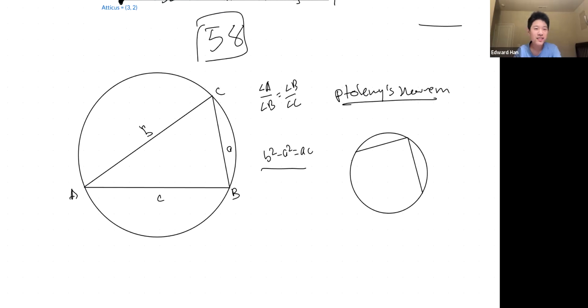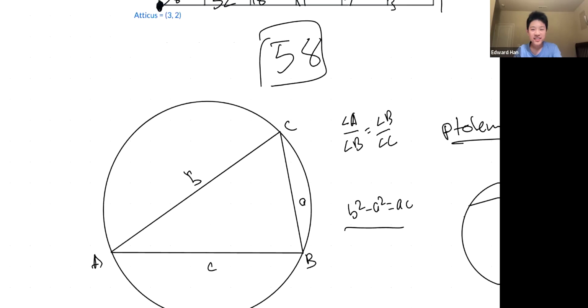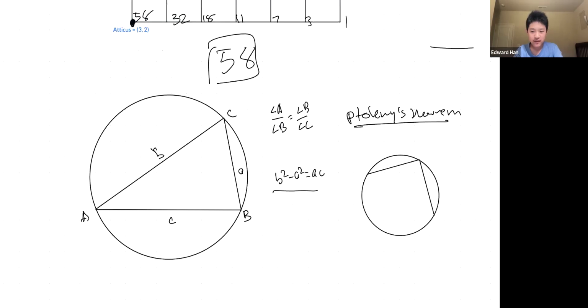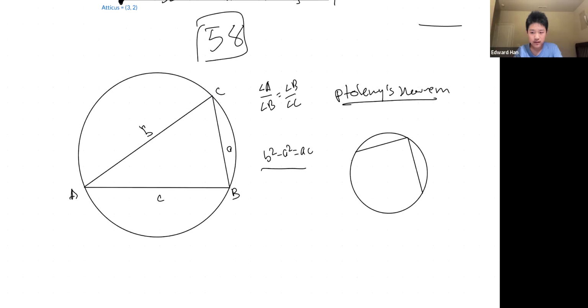So if we have a cyclic quadrilateral like this, and the sides are A, B, C, D.